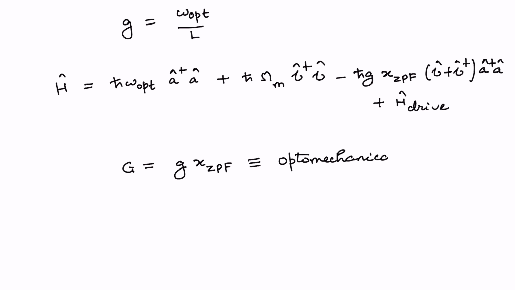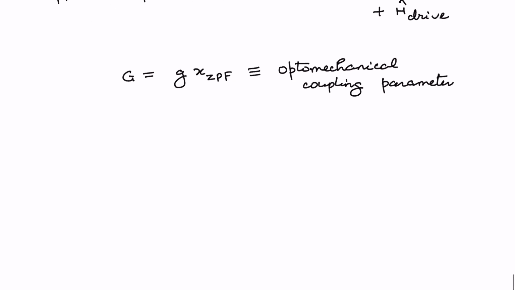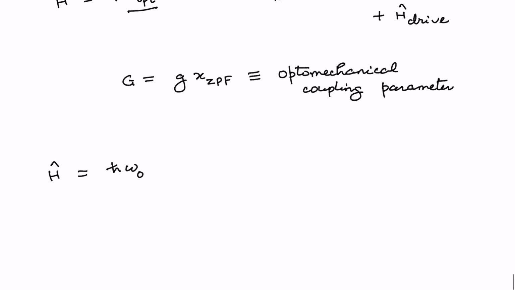This is called the optomechanical coupling parameter. In terms of this optomechanical coupling parameter, I can write my Hamiltonian H as ħω, rather than ω optical, let me now onwards write simply ħω0, or ω_o.